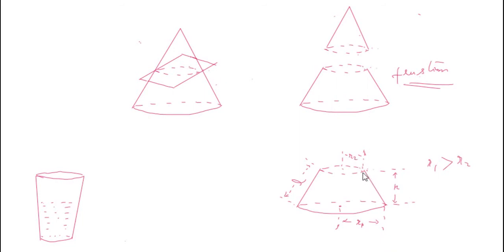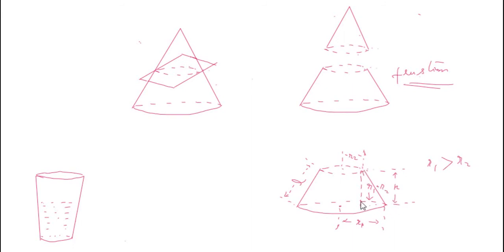Now if you draw a perpendicular from this point to here, then this distance is R1, this distance is R2, so this length is equal to R1 minus R2. This is a right angle triangle.